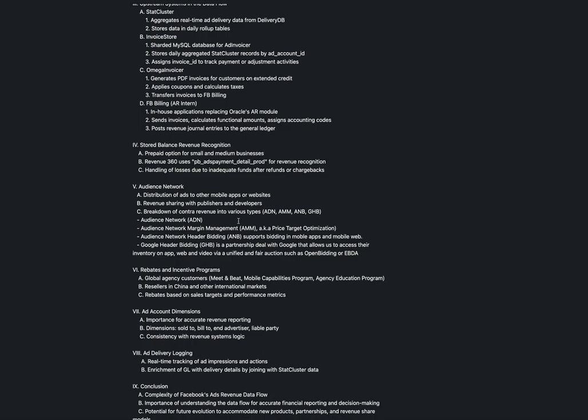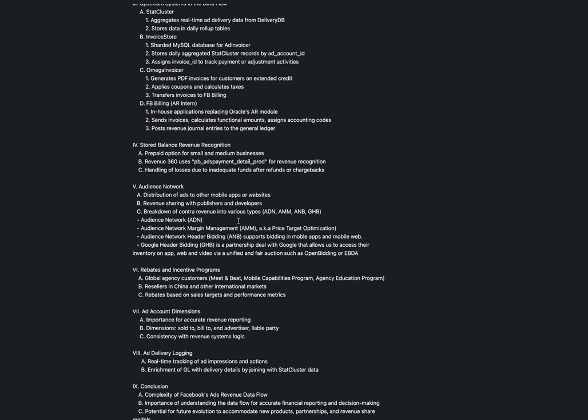Talking a bit more in terms of the incentives, there are several here. We have meet and beat customers or agencies. These are agencies that we require to meet a certain target before we are able to send some money to them. We have the MCP program, Mobile Capabilities Program, which was created a long time ago when we were trying to get customers to actually transfer and put their ads on mobile.